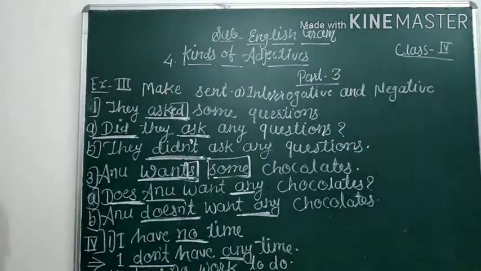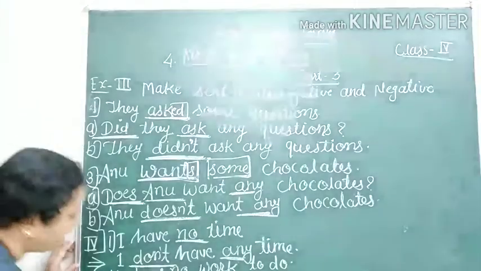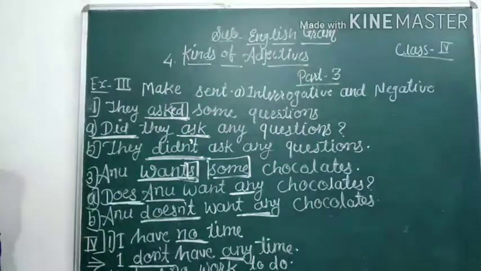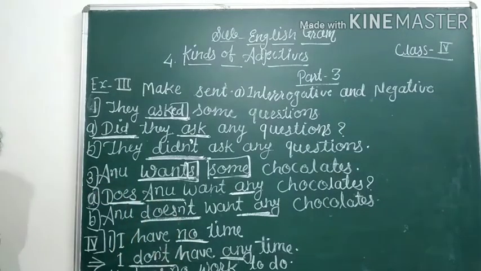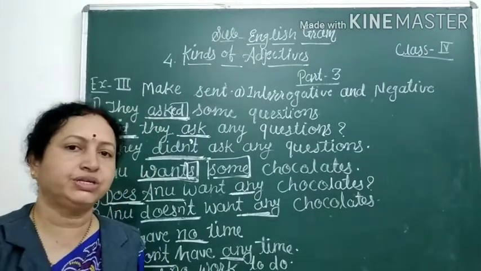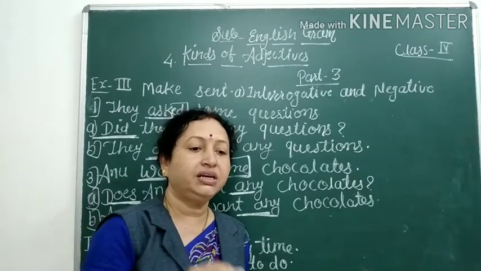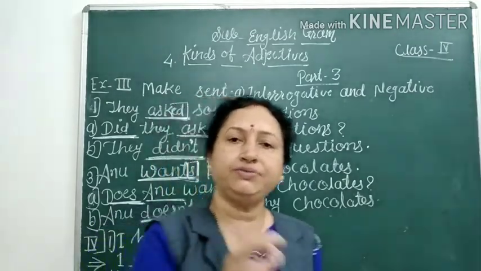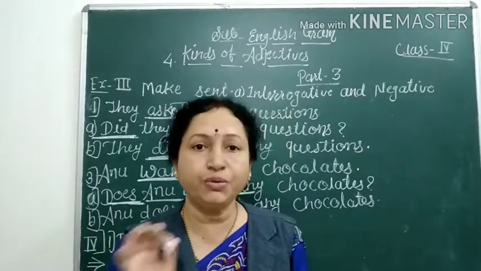So instead of no, we have to use not any. In the second sentence, he has no work to do. He hasn't any work to do. In this exercise, instead of no, we have to use not any. In another sentence, they want no help from you.